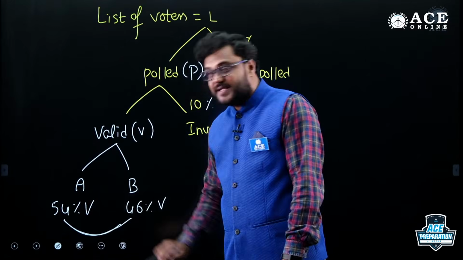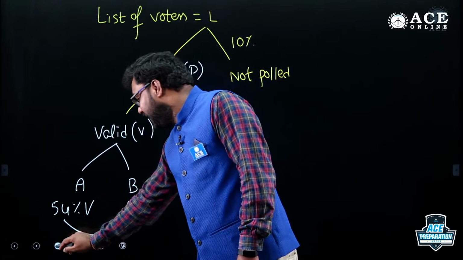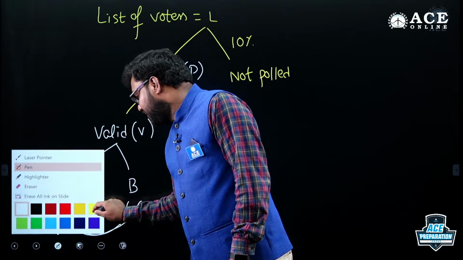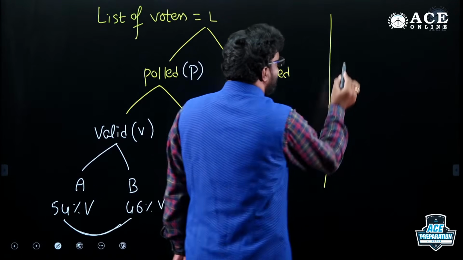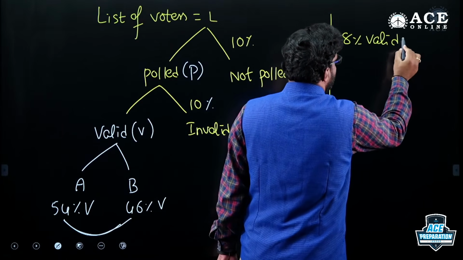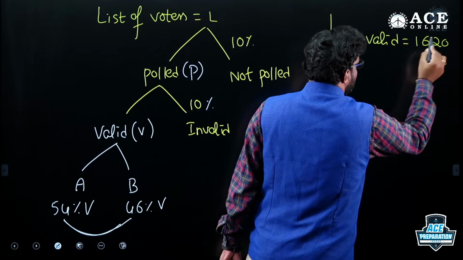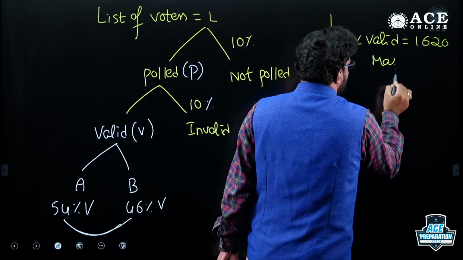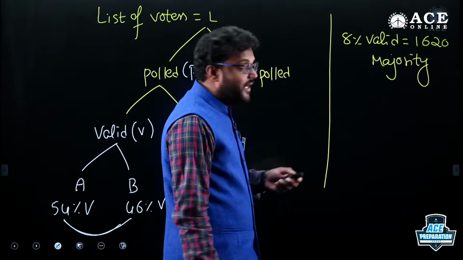A got 54%, B got 46%. The difference between A and B is how much? 8%, right? So 8% of valid votes is nothing but equal to the majority, that is 1,620 they mentioned.